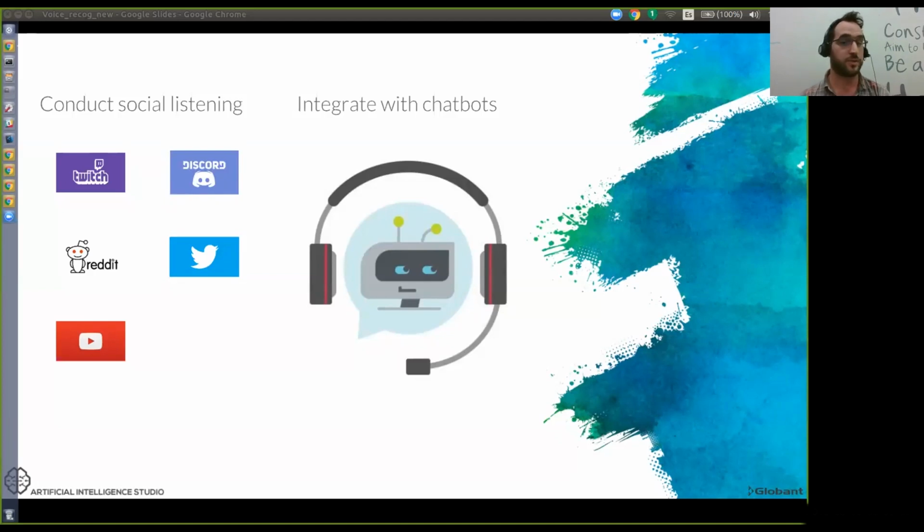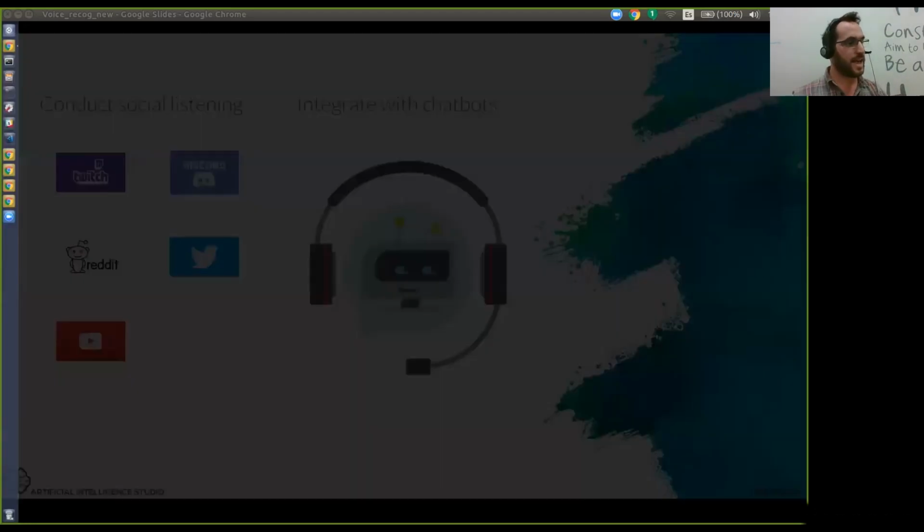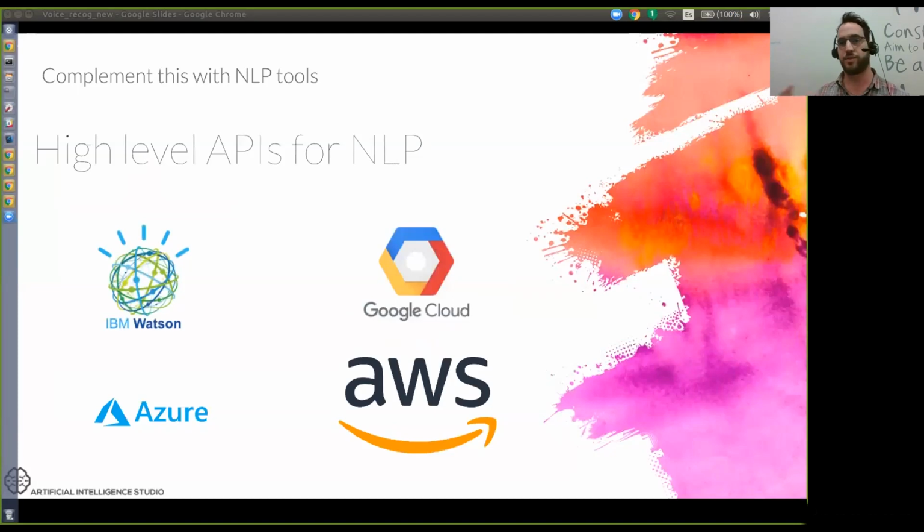You can integrate this with chatbots to enable your chatbot to detect customer tones, so you can build dialogue strategies to adjust the conversation accordingly. And this is one of the things that you can do, but there is another branch, which is natural language processing.